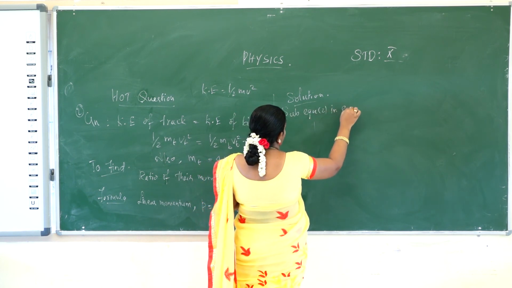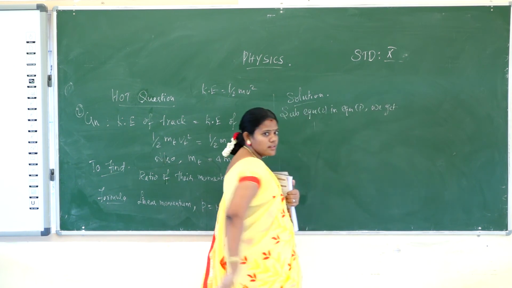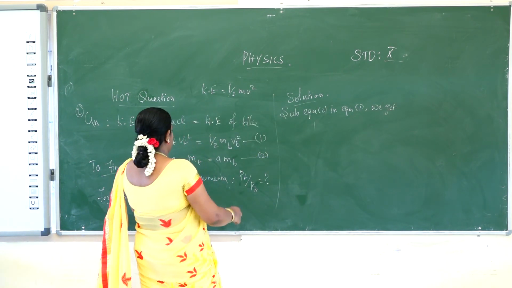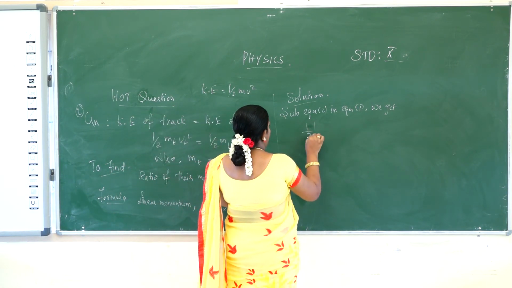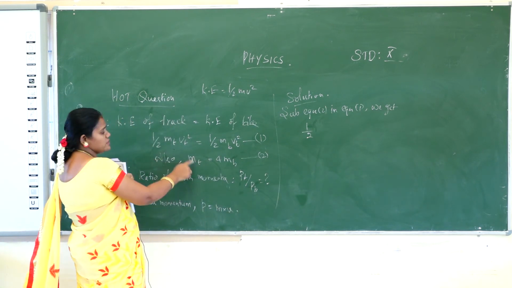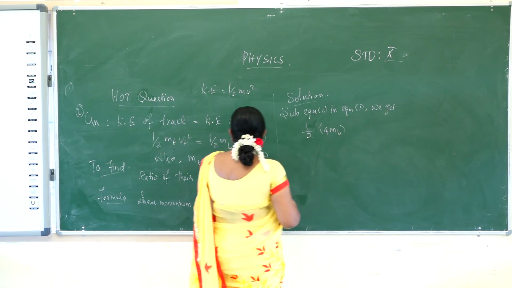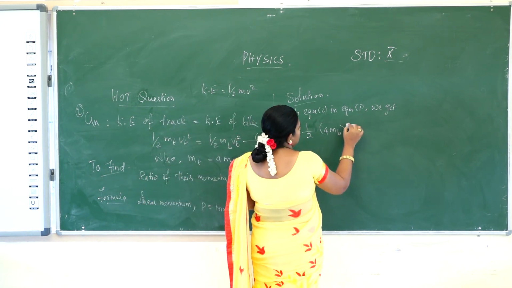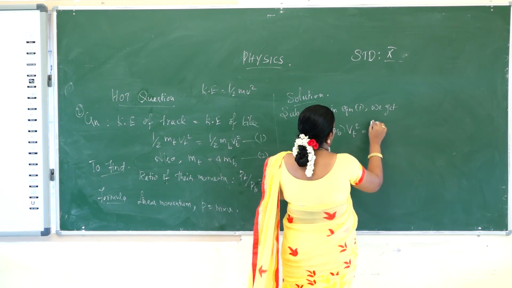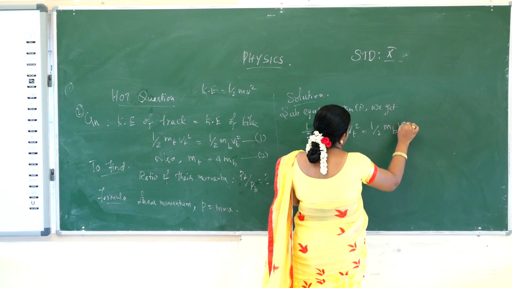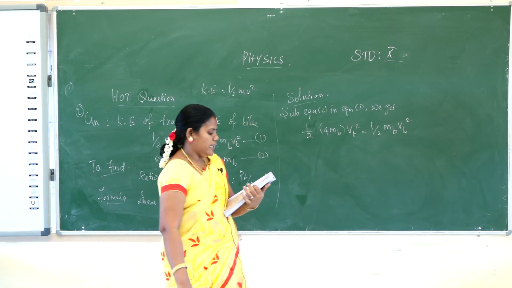Substituting equation 2 in equation 1, we get half mt is 4 mb, so half into 4 mb, vt square is equal to half mb vb square.